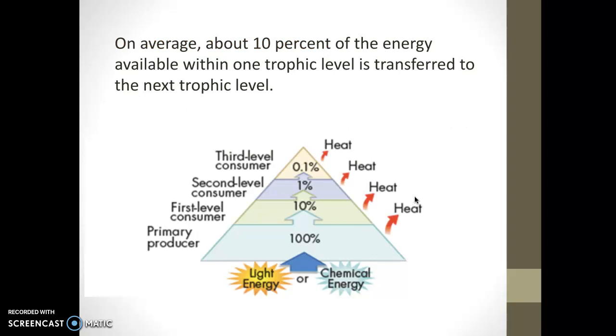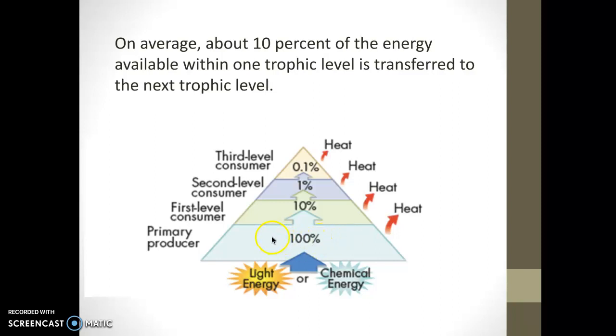And so on average, about 10% of the energy that's available within one trophic level is going to be transferred to the next. So think about all of the energy that's found down here with these primary consumers. They're making tons of food for consumers to eat. The problem is, in order for themselves to make their own food and to grow, it requires energy, right?